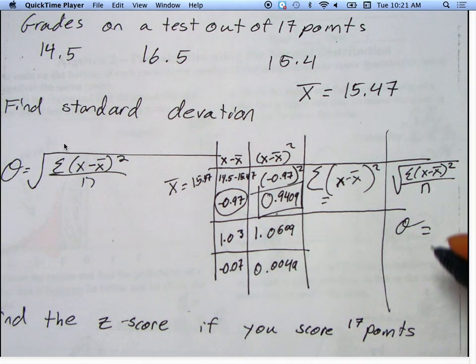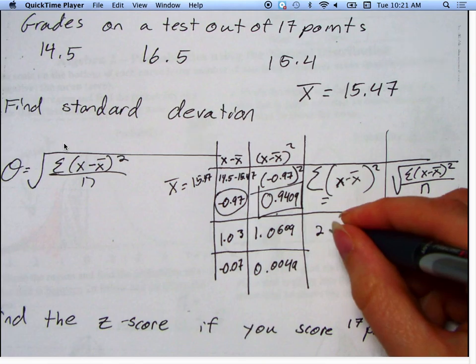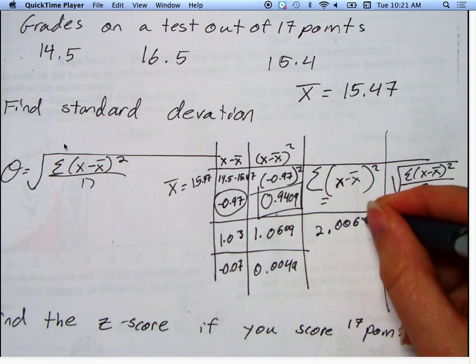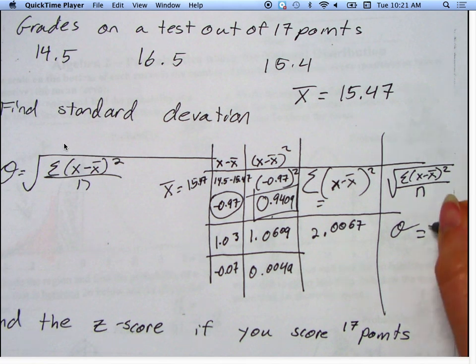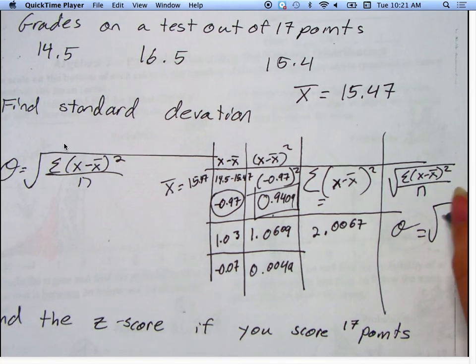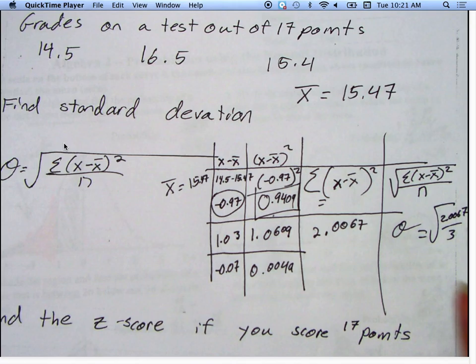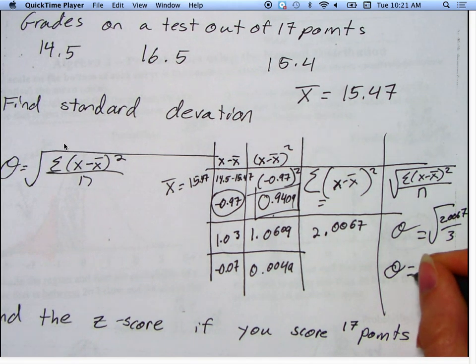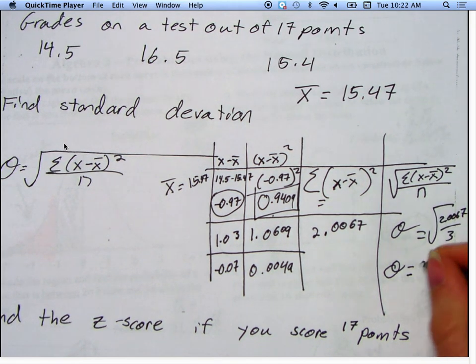When you added them all up, what did you guys get? 2.0067. Correct, 2.0067. And so we took that, 2.0067, divided it by 3, square rooted it, and we got standard deviation is 0.82, correct?